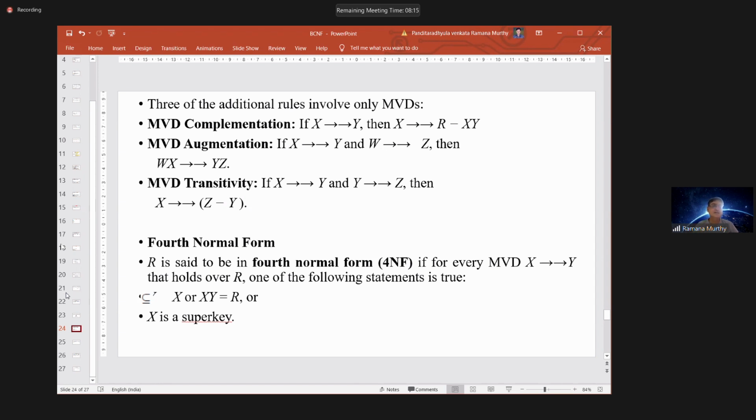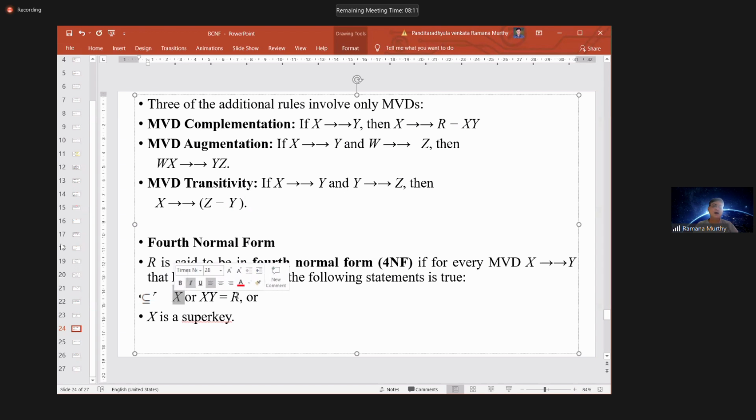That is the reason X is equal to R. The R is the relation. X equal to R means all columns you identified as X, or you divided the columns into some columns as X, some columns as Y. By adding all these columns it is equal to R, or X is a super key. Okay, then you can identify. There is no specific functional dependency here.